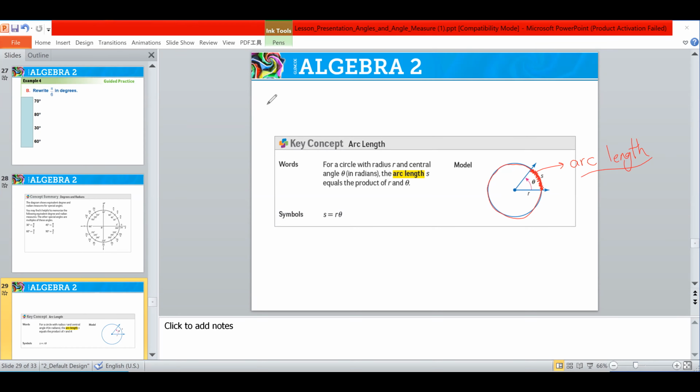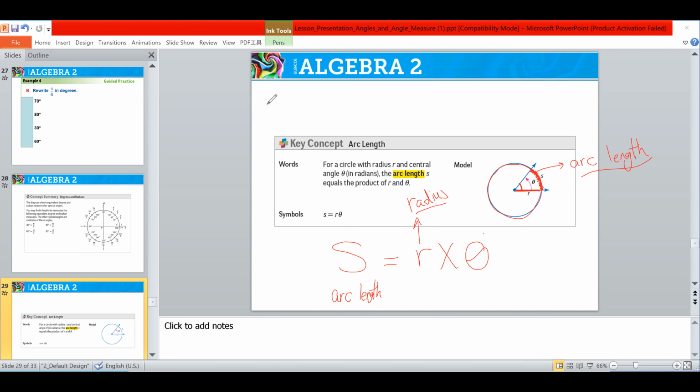It depends on the angle and on the radius length. To get the arc length, we have the rule: S, the arc length, equals R, the radius, multiplied by theta.